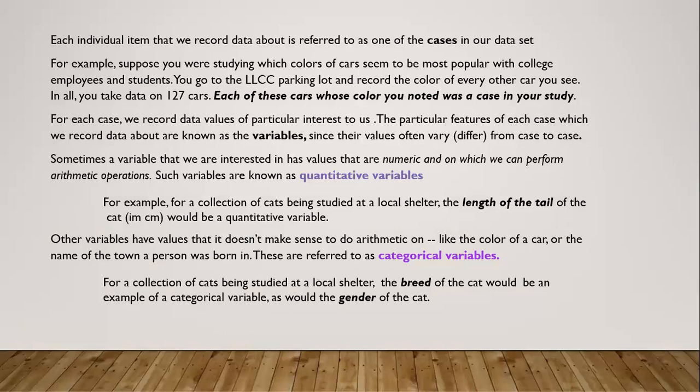Those are different categories that the genders fall into. And again, we wouldn't do mathematics with those values the same way we would do mathematics on, say, lengths of tails of the cats. And so there we have it. We have two major types of variables: quantitative variables and categorical variables.